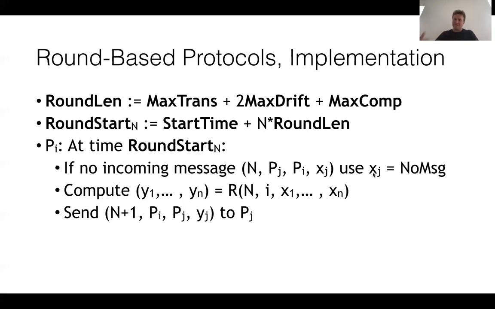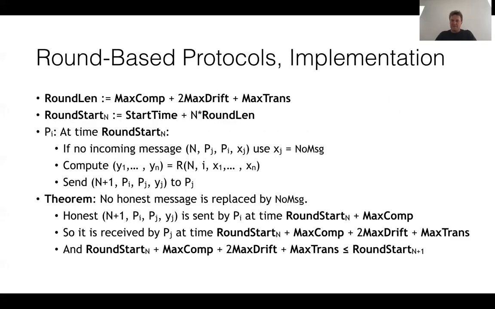This is where we use the timing assumption strongly and say, if I didn't get a message from you in this round, party j, I'm going to assume that you intended to send me no message. It can just be the empty string or something like that. So I do that at each round start. Then I apply my round function. I get some outputs. And then I send yj to party j, and tag it by which round it's for.